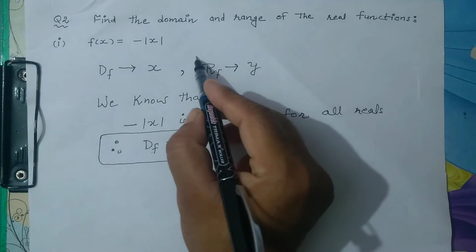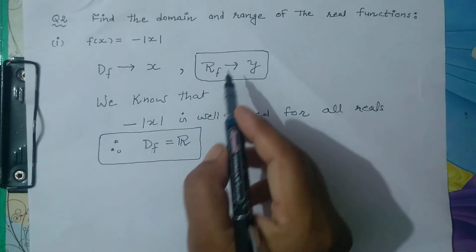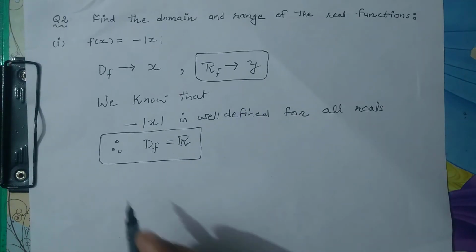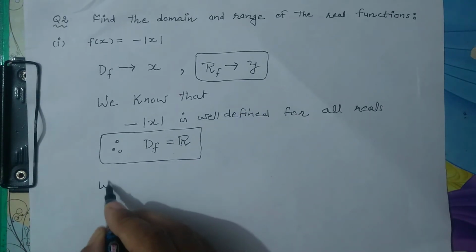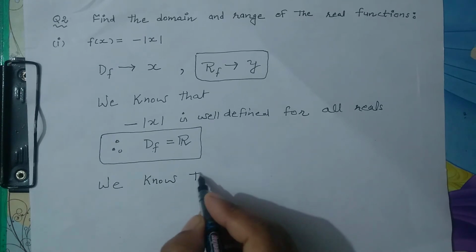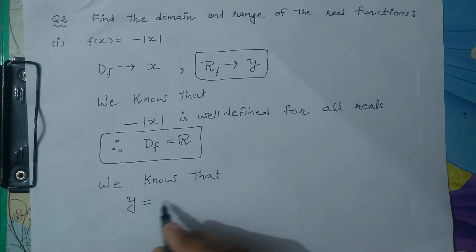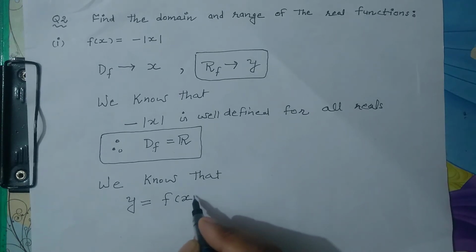Now to find the range of the function, we need to find the value of y. So we know that we can write y is equal to f of x.